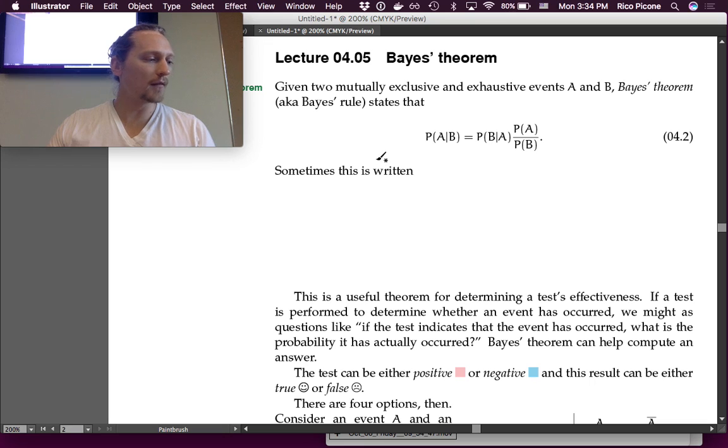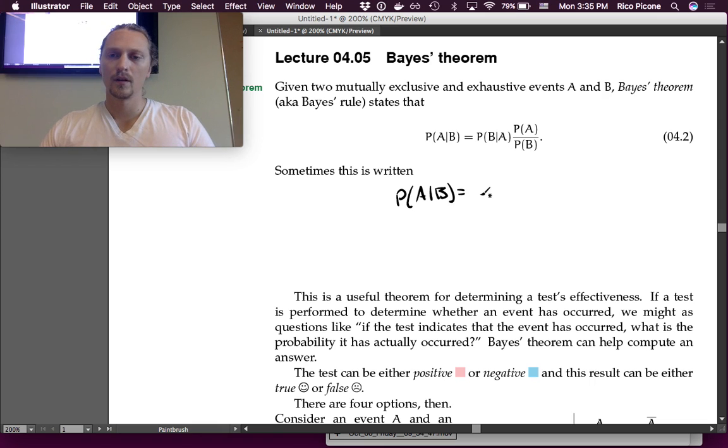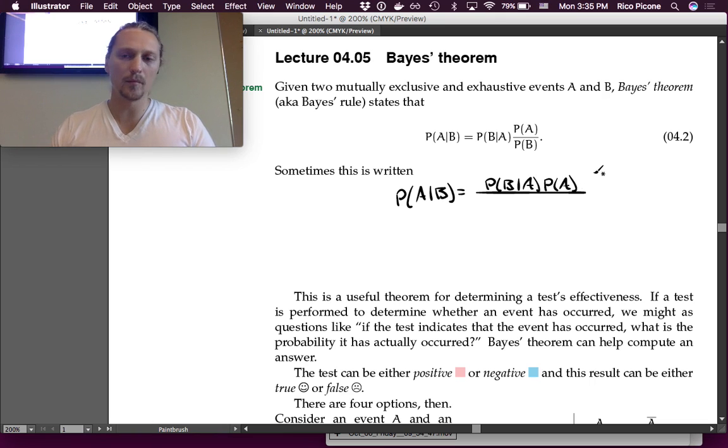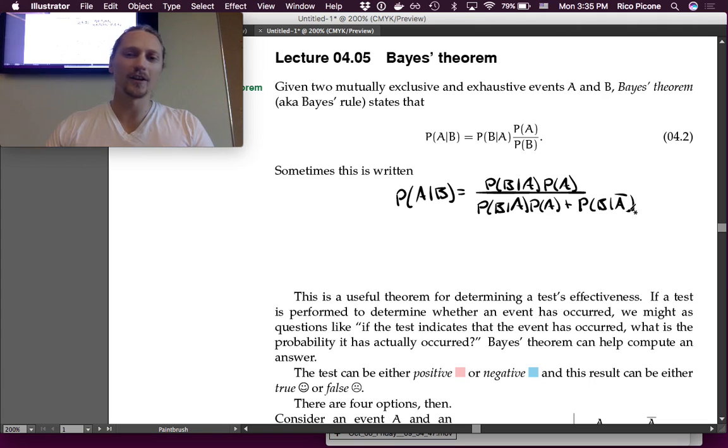Another form that we use it in more often is that the probability of A given that B occurs is equal to the probability of B given that A occurs times the probability of A. So the numerator stays the same, and the denominator we can rewrite as being the probability of B given that A occurs times the probability of A, plus the probability of B given that the complement of A occurs, which is not A occurring, right?